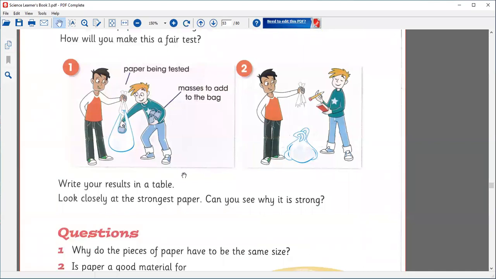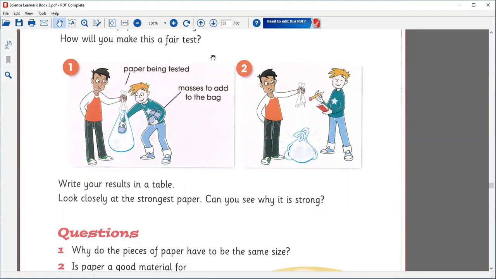If we want a fair test, if we want a fair result, we should use the proper material with the same size. No, this paper is smaller and this one is bigger. Like this, our result is not accurate. So we use the same size paper every time for the experiment.